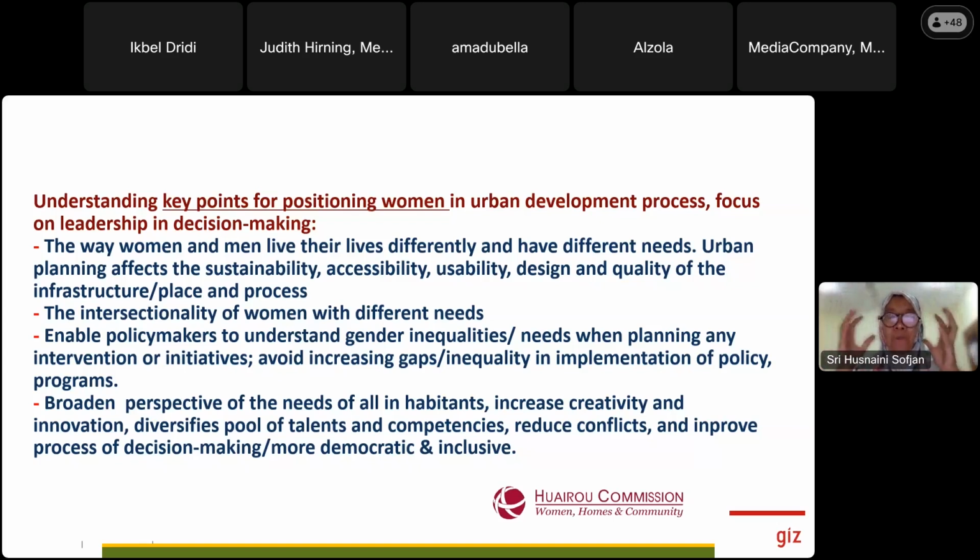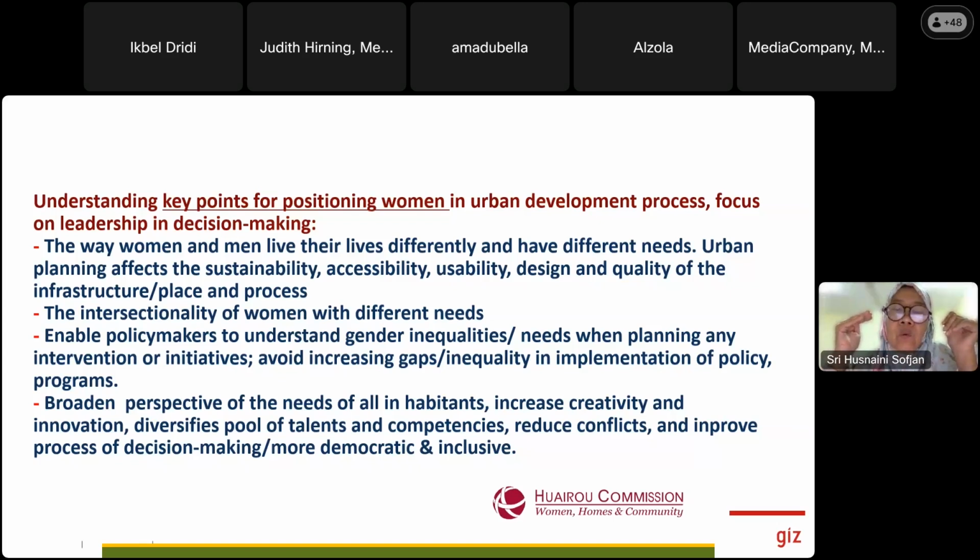So these are all the complexity of the need to see there are different needs when we design our cities, when we come up with decision-making in urban development.